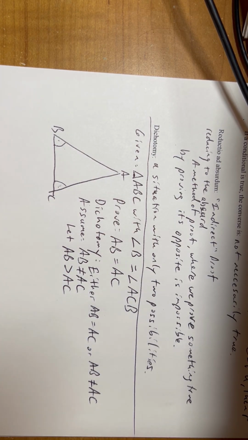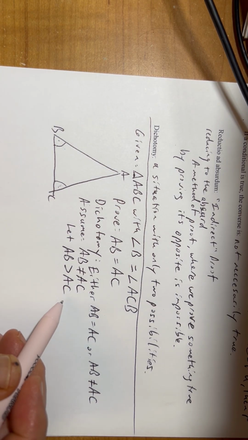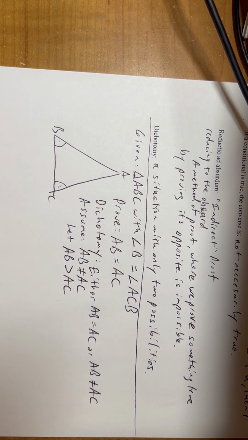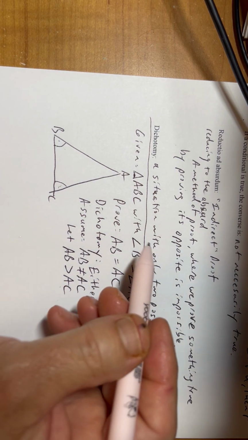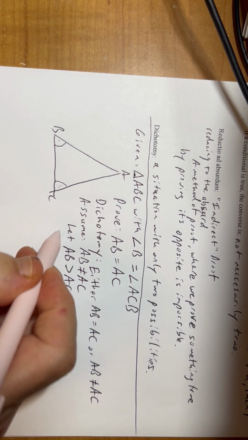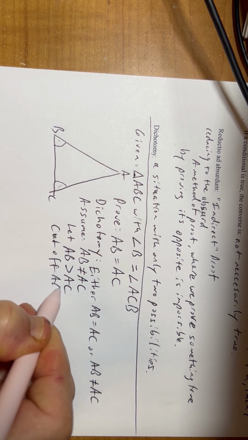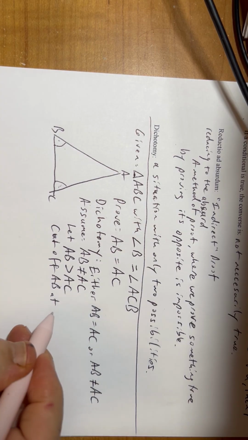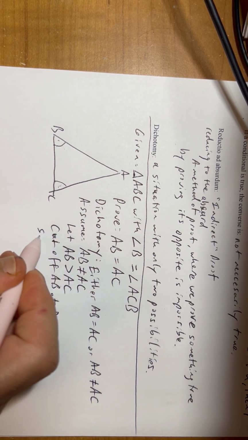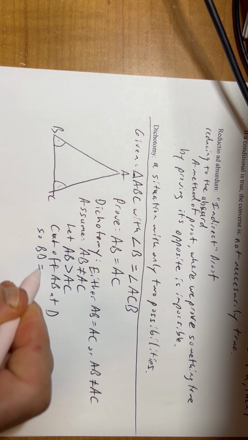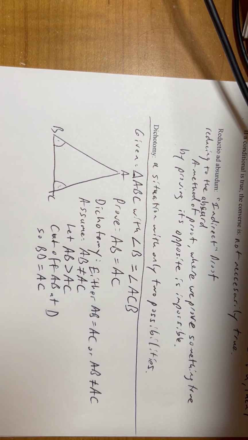Let AB be bigger than AC. Well, what does Euclid do when he has one line bigger than another? Well, you know from theorem 3 that if one line is bigger than another, Euclid says we can cut off the longer one to make it equal to the shorter one. All right? And so that's exactly what we're going to do. We're going to cut off AB at, let's say, D, so that BD equals AC.